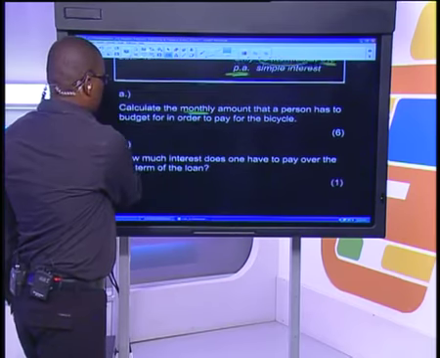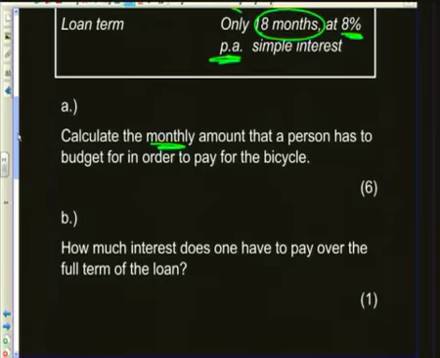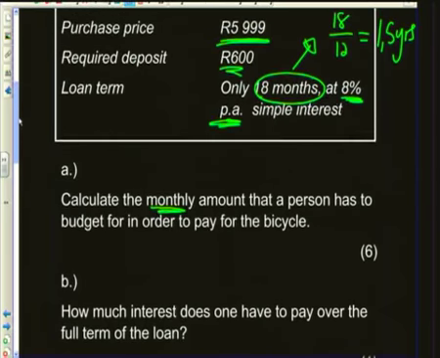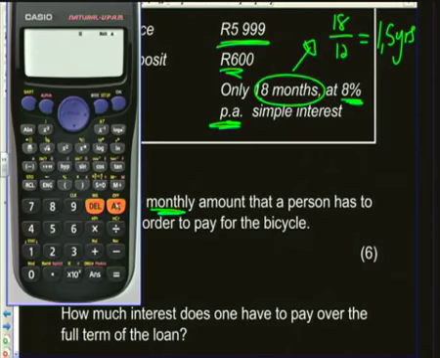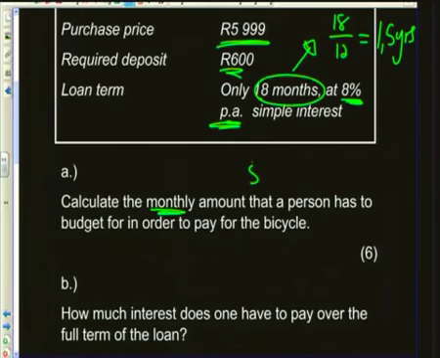So the bicycle is now 5,999 minus 600, which gives us 5,399, because you have paid the deposit of 600 rands. You already paid the 600 rands, okay?